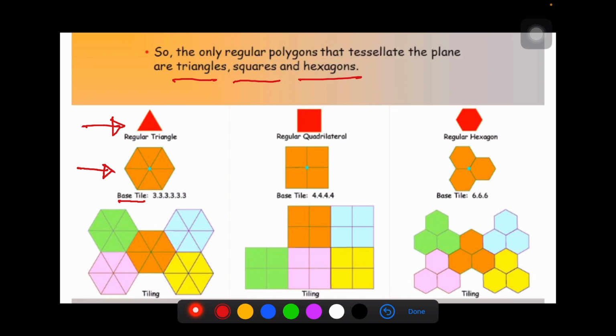So when you put them side by side, it becomes a tiling, and you can see how it fits into each other's vertex. Okay, nicely, no gaps.